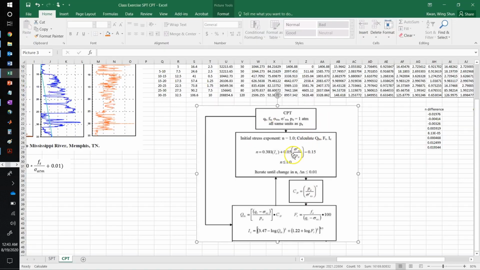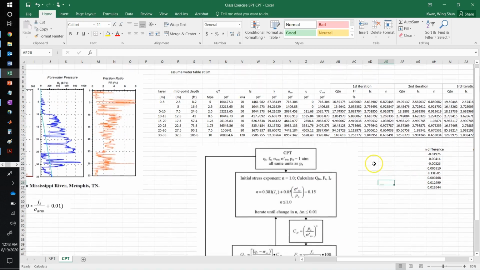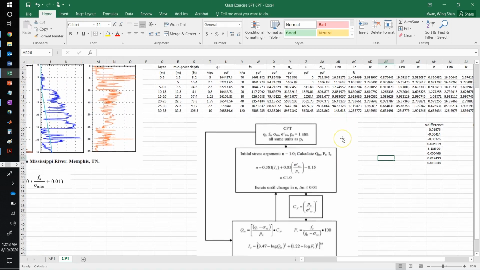With this chart over here, what it tells us is, first, the procedure is to assume the stress exponent n equals 1.0. Then we calculate the Q sub t, F sub r, and I sub C based on those equations. So first we assume n equals 1, then we can do those calculations.